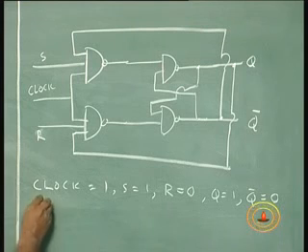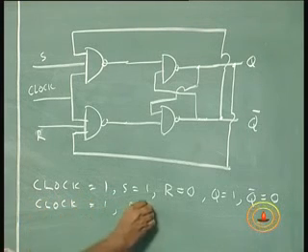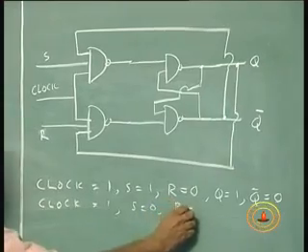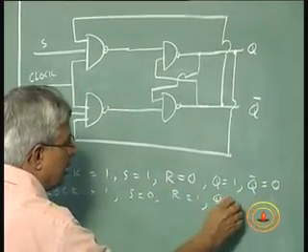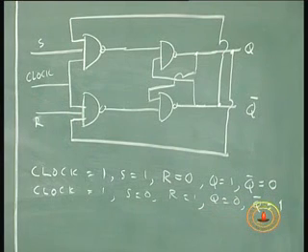And when clock is 1, S is equal to 0, R is equal to 1, again Q becomes 0. So this is normal. This is same as the previous thing, no problem.